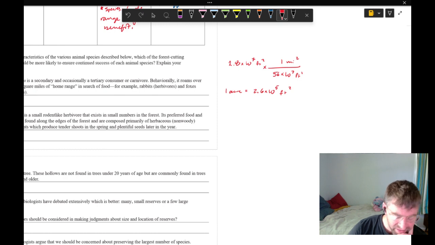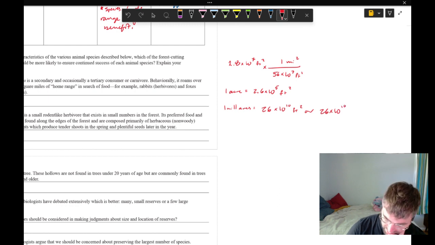Okay, so 1 million acres is 26 times 10 to the 10 square feet, or 26 times 10 to the 10 divided by 2.8 times 10 to the 7, or about 9.3 times 10 to the 3 square miles.